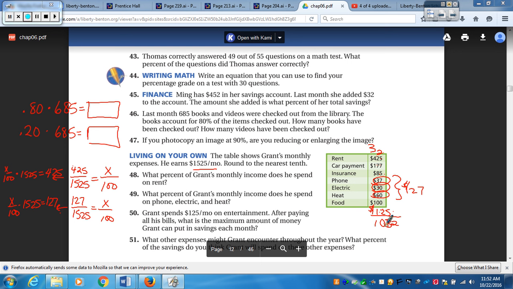So what we're going to do here is subtract those two and figure out how much he can put towards his savings. So $1,525 minus $1,032. We got 3, 4, carry the 1, 9. $493 goes towards savings for the month for Grant.